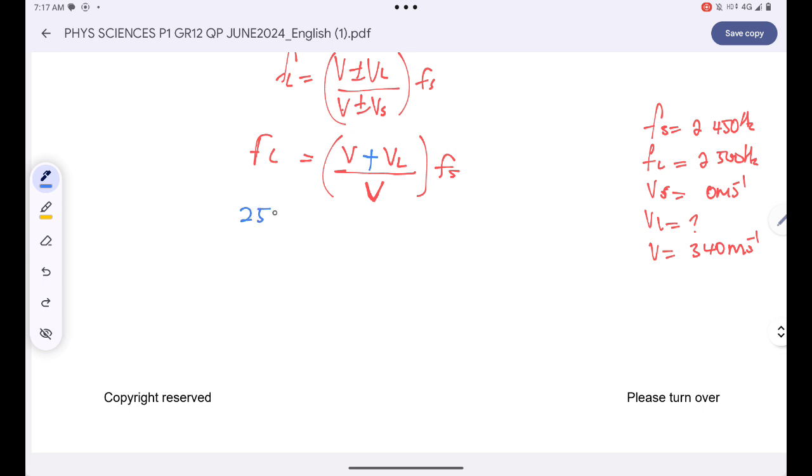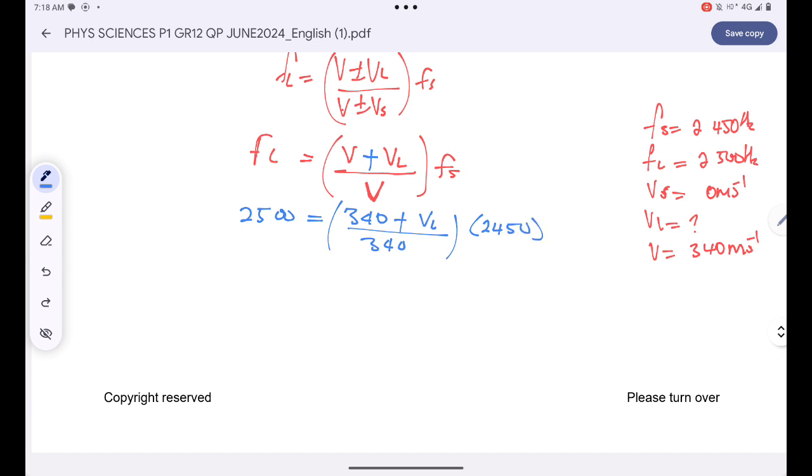I have 2500 is equal to 340 plus VL all over 340, and this is still multiplied by 2450.